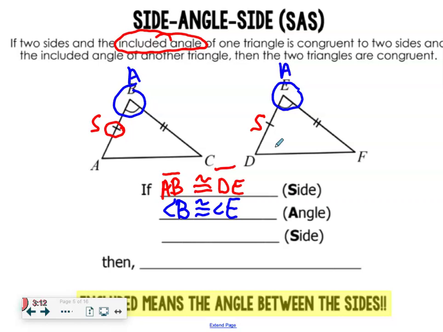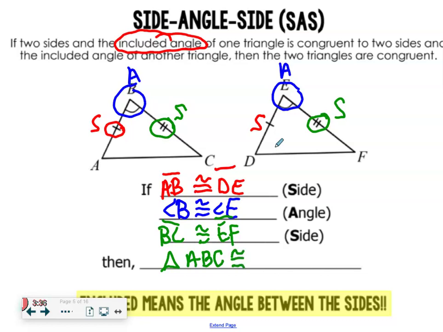And then our last pair of sides would be BC and EF. So then triangle ABC is congruent to triangle, what matches ABC? DEF, yeah.